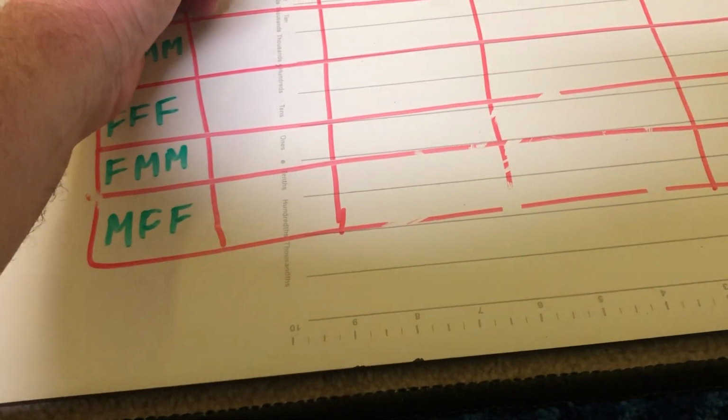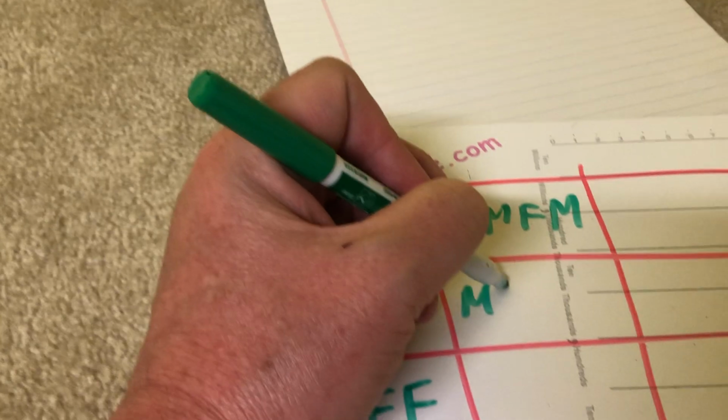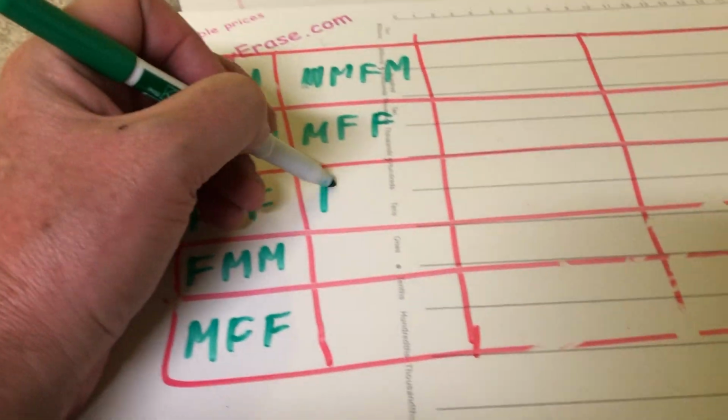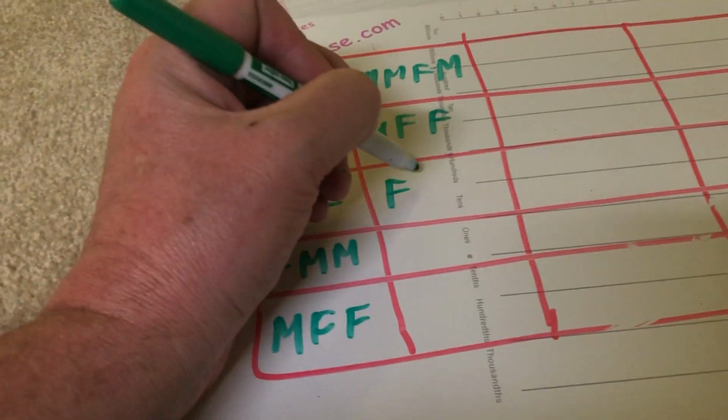We're going to flip it again. Heads, that's a male. Heads, that's a male. Tails, that's a female. Tails, that's a female. Tails, that's a female. Tails, that's another female. We're just going to keep doing this. Tails, that's a female.